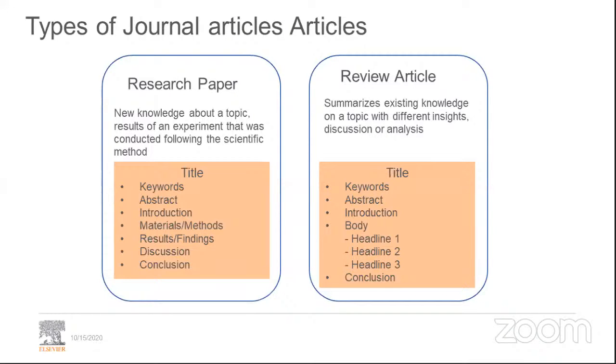So I can read one important review article and understand what happens in this field. So I get the whole picture, and then I can go and search for research papers to learn more details.